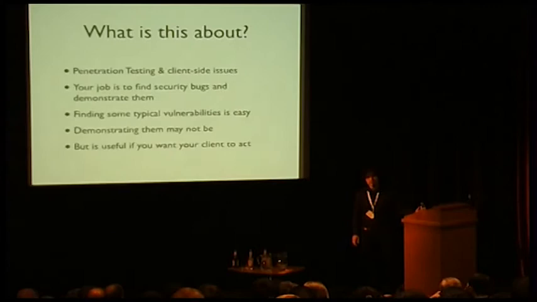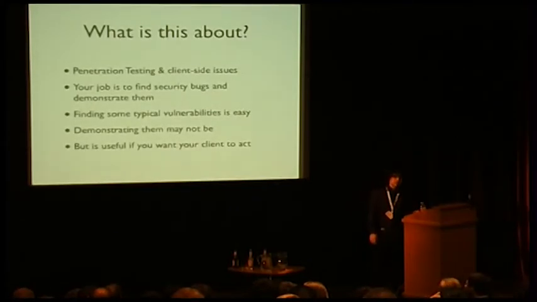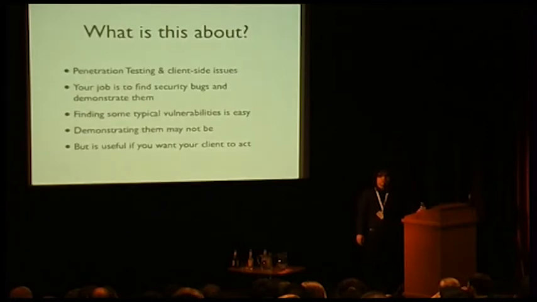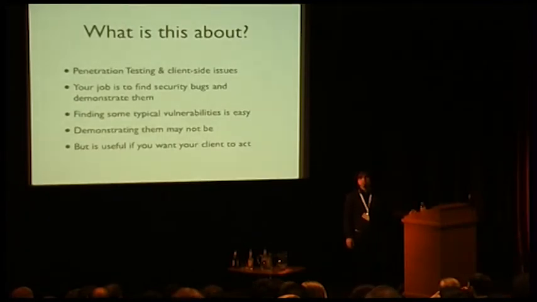And I think that finding some traditional web application security issues can be pretty straightforward. As the speaker before me showed, some of these things can be found rather easily through passive means. You're using your browser with some proxy, Burp or something like that.